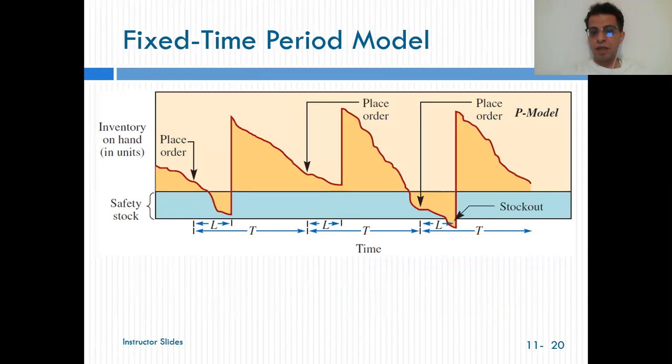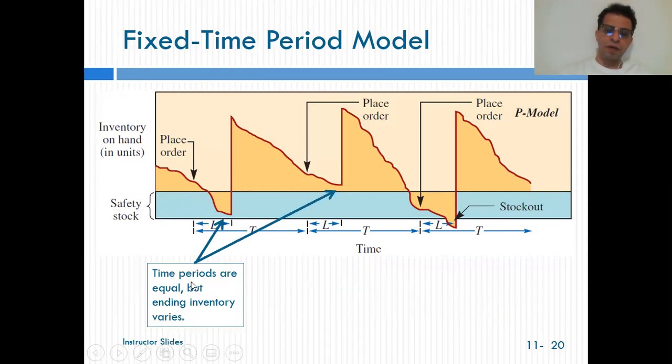But in the fixed time period model, you might sometimes face the amount going down, and that's when you do a deviation and calculation. Because sometimes you run out of the safety stock for certain consumptions. And that could be dangerous, like in this case, because it takes time to do orders.